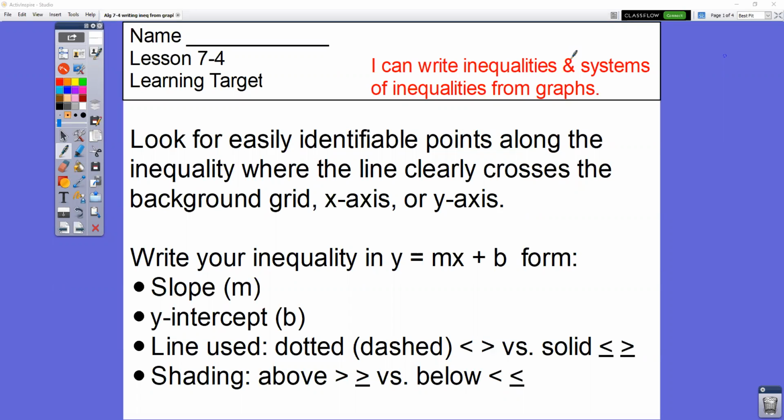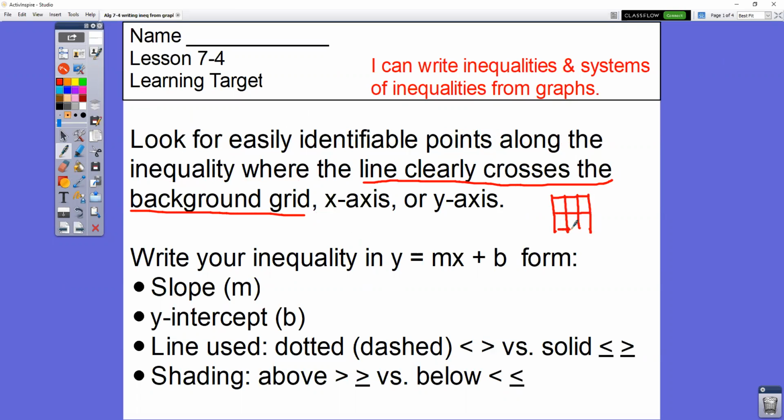So there's a couple little things that we need to keep in mind when we're trying to come up with the equation. First of all, and this is probably one of the most important things, we want to look for easily identifiable points along the inequality, so along the line, where the line crosses the background grid. That is super, super, super important. So you have your background grid.